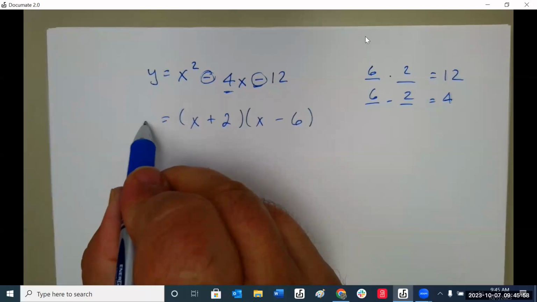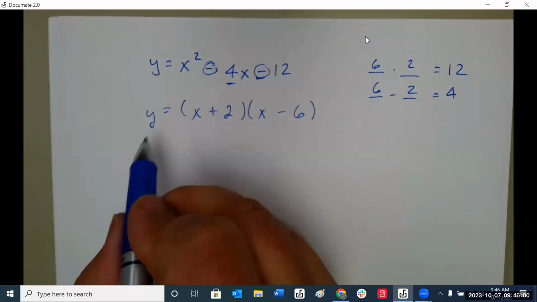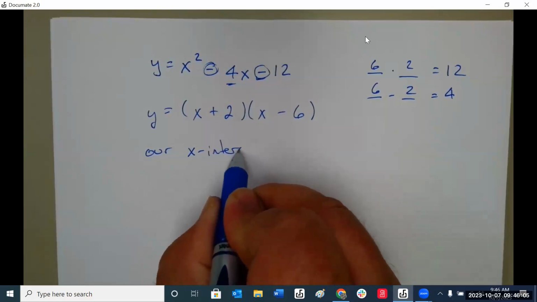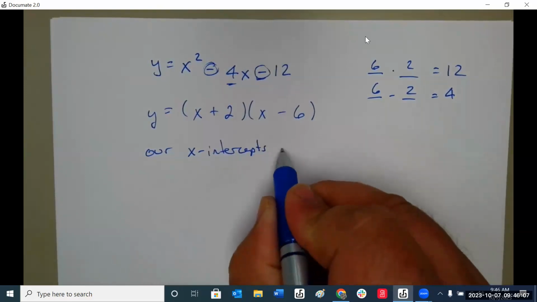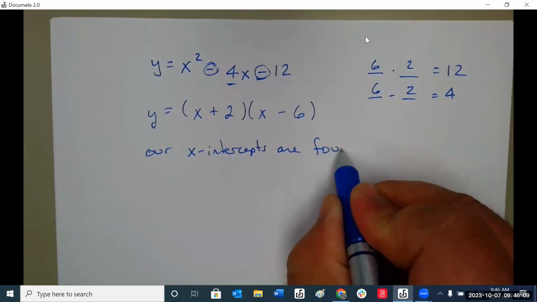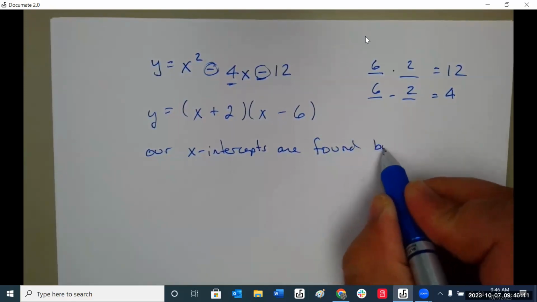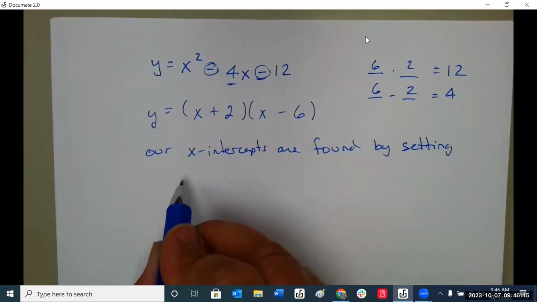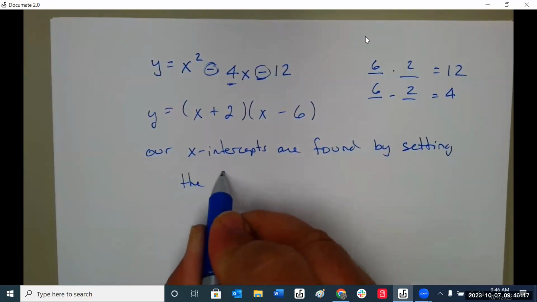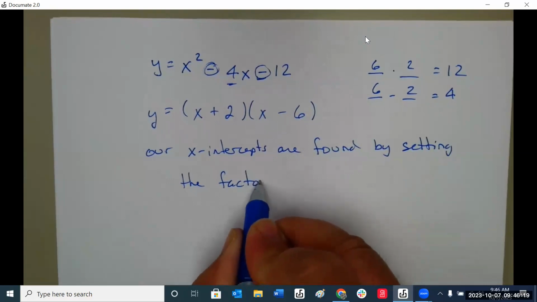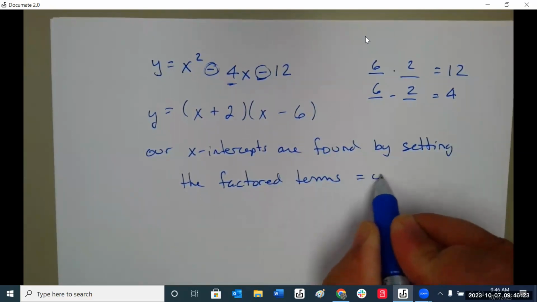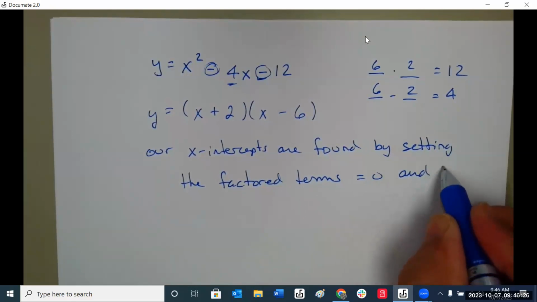Once we get to this point, our x-intercepts are found by setting the factored terms equal to 0 and solve.